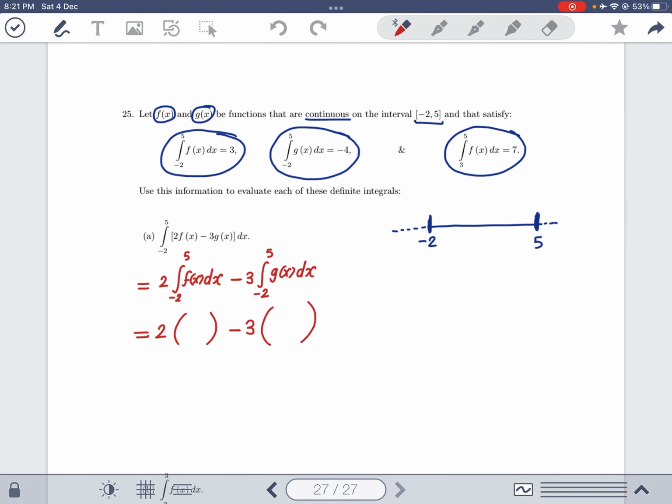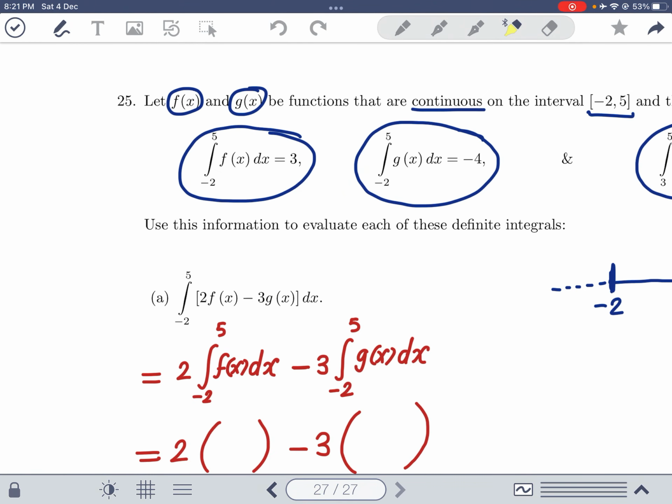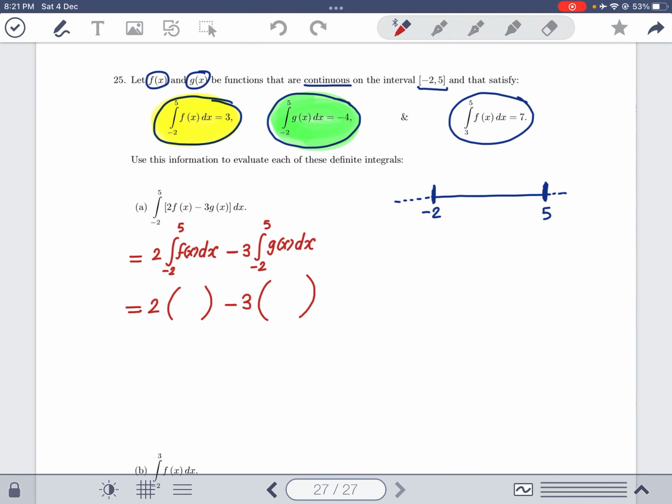We just go up and check. So you see here, you have from -2 to 5 of f is 3, and from -2 to 5 of g is -4. So you can just replace them here.